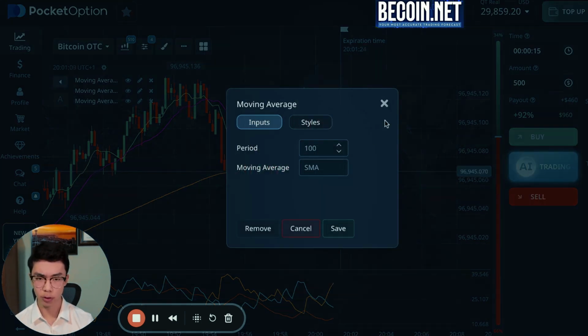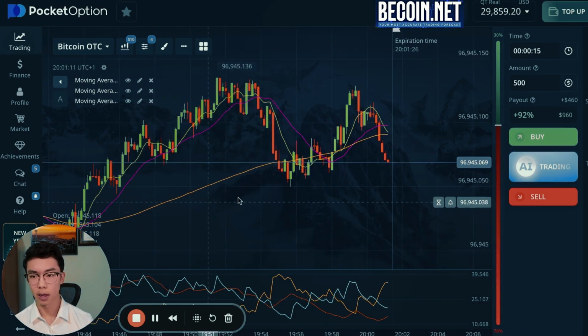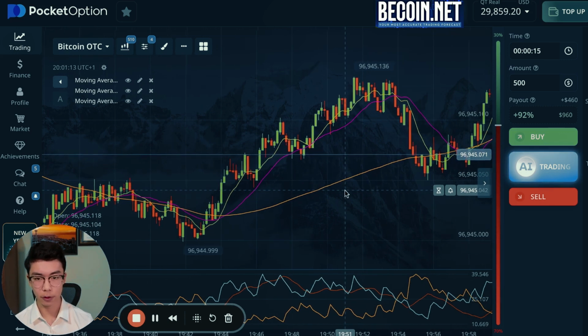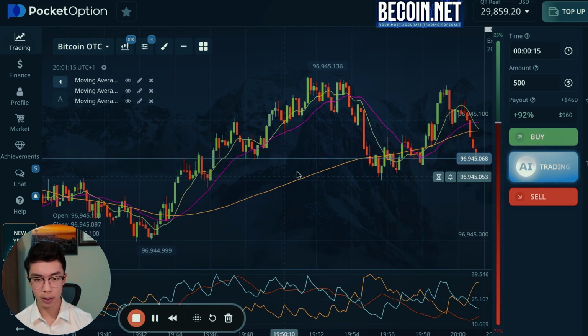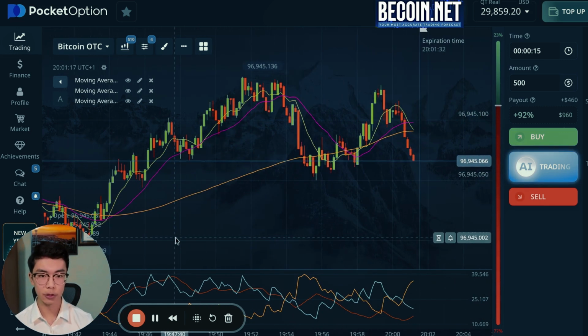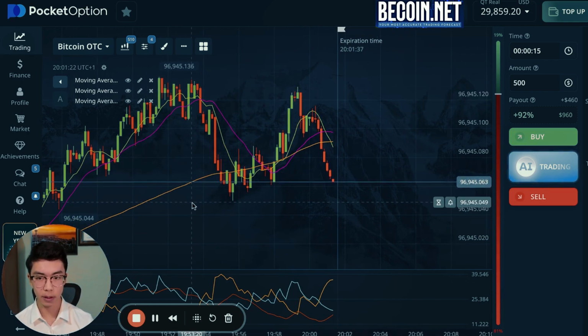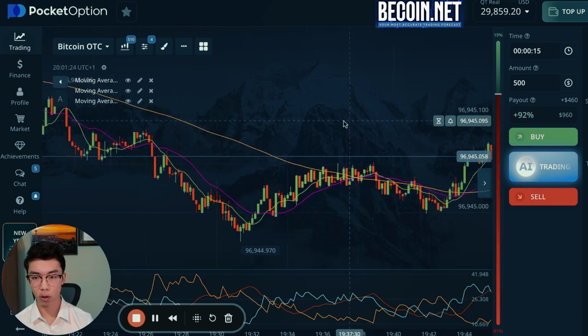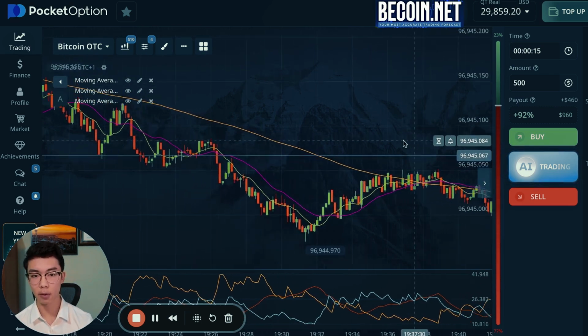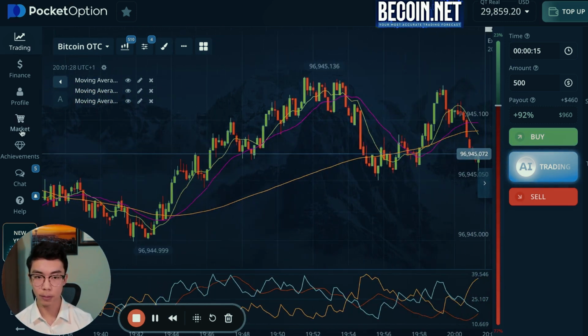A moving average that's around 100, let's say. Okay, it's a very general moving average. And when the moving average is kind of trending upwards, you can kind of just assume that things will, generally speaking, trend upwards along with it, okay? And when things are trending downwards, things will, generally speaking, trend down along with it. It's very simple to do.